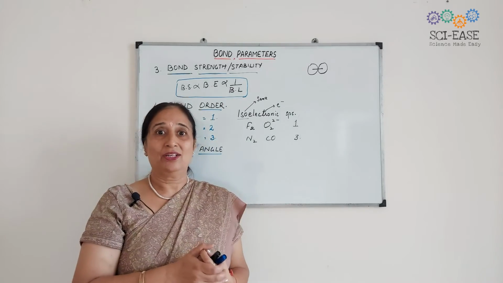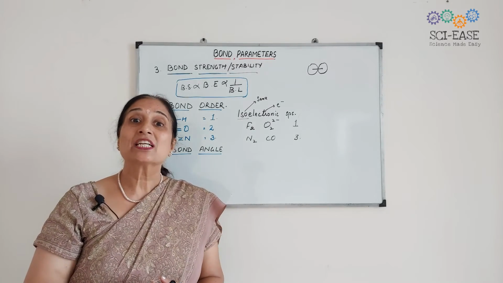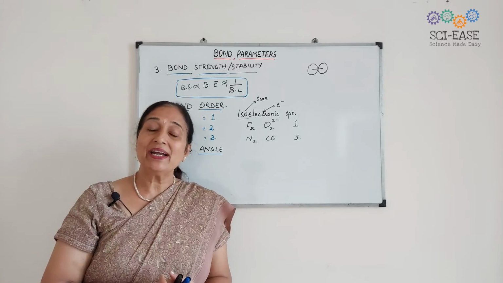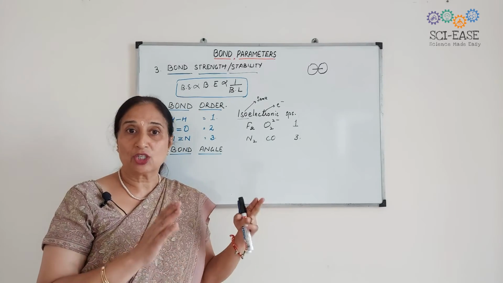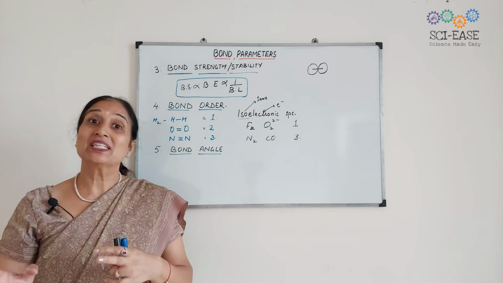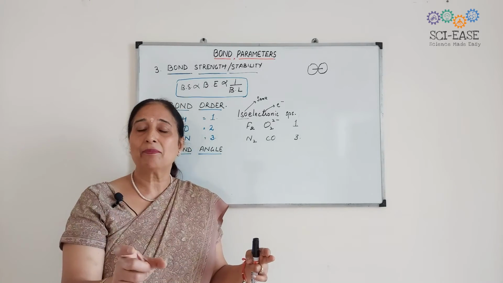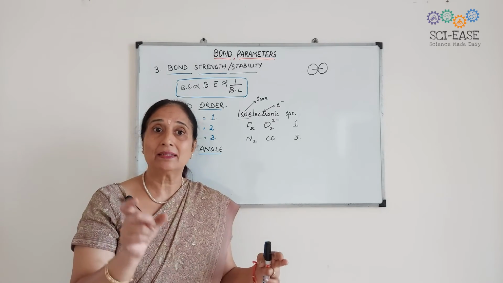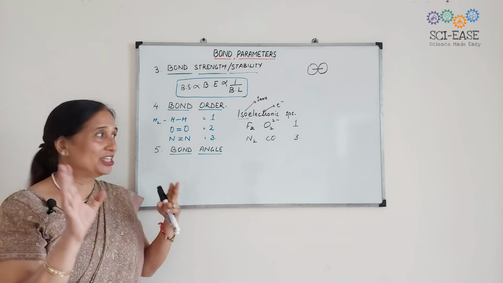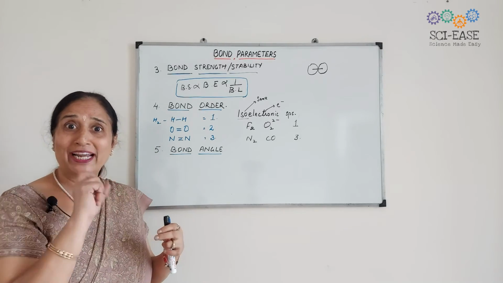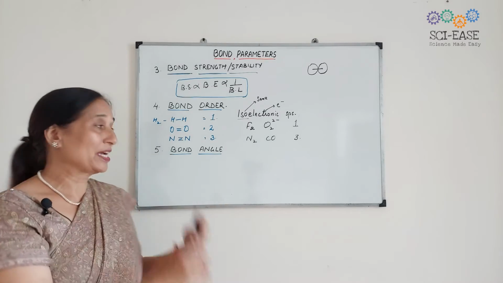The bond length or the bond angle can be measured by spectroscopy or the X-ray diffraction method. Regarding spectroscopy and X-ray diffraction, you will study in higher classes. Just memorize that bond angle or bond length can be measured by spectroscopy or X-ray diffraction. We can't measure this with the help of a protractor or divider.